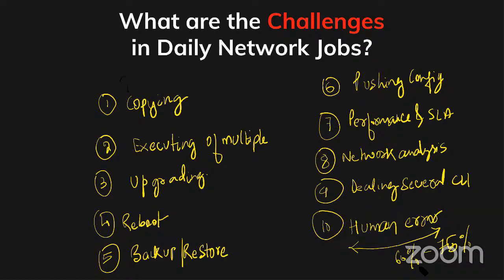Now there is a high chance you commit a mistake, which later on in an RCA, the root cause analysis, is marked as human error or engineer's error. Might be you copied a different IP instead of what was given to you. Might be you rebooted a different router than the one which was supposed to be rebooted, or you copy-pasted a config on a different box which was not in the change plan.